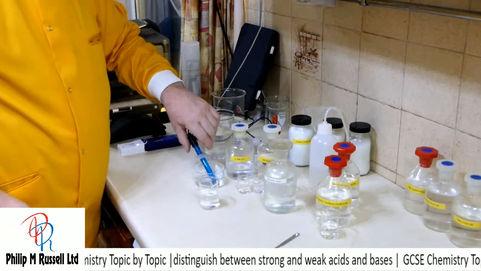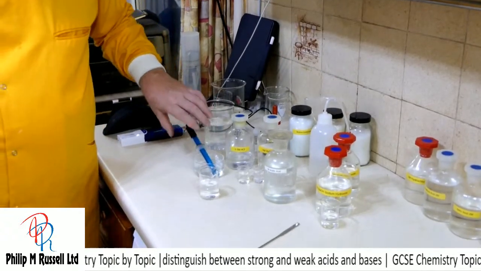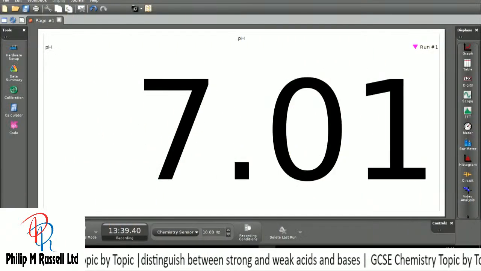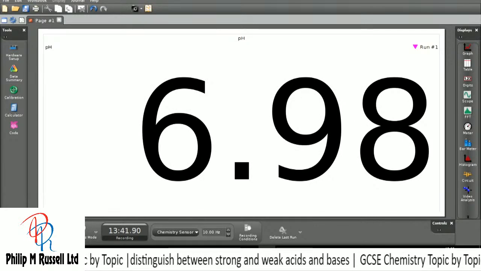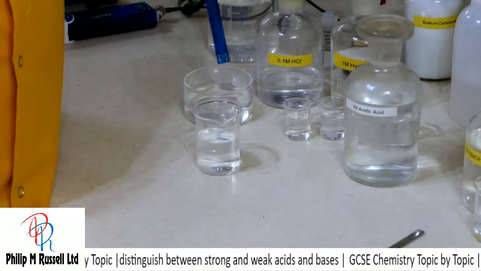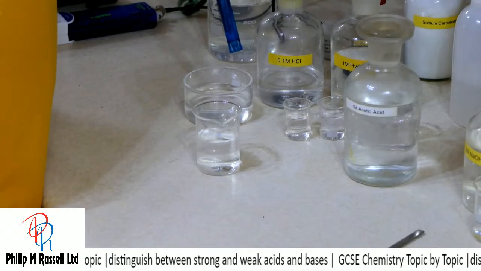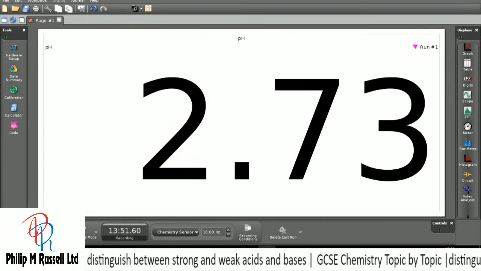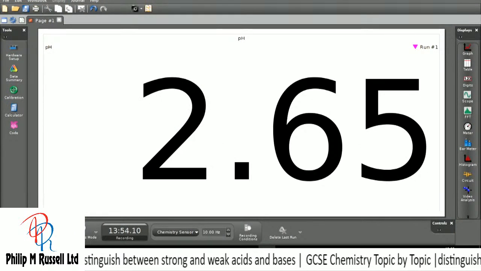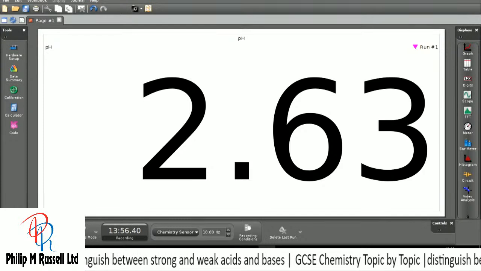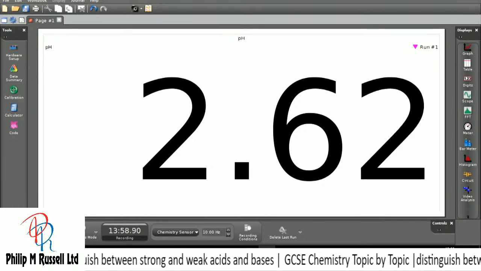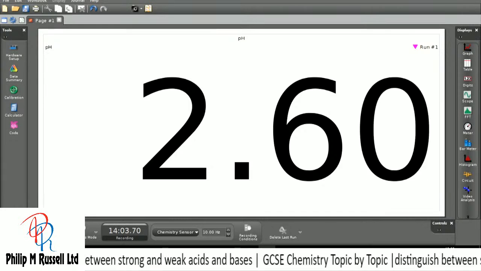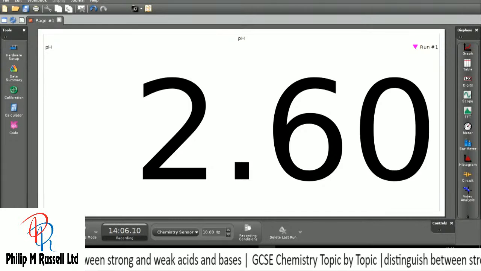So I've got my pH probe. It's sitting there at round about pH 7. Let's put it into this acetic acid. And you can see that it is still quite strong. So there we've got it about 2.6 pH.